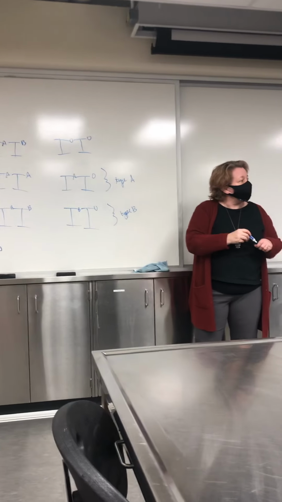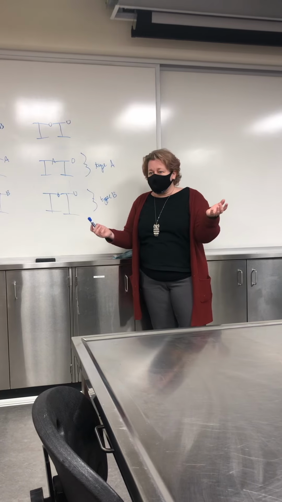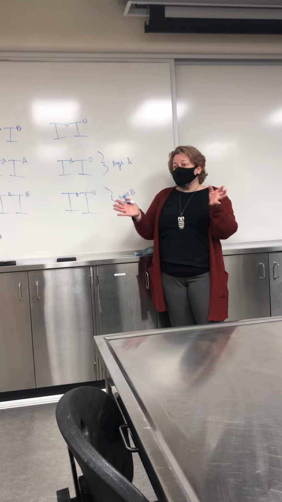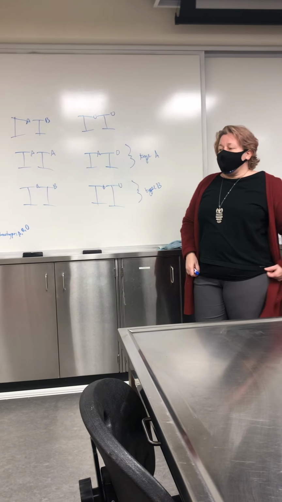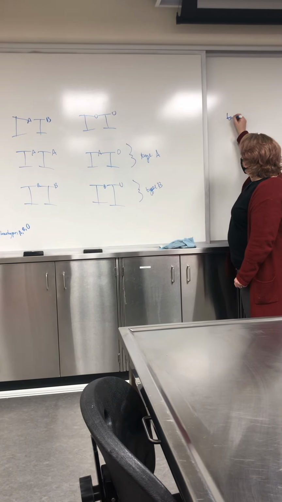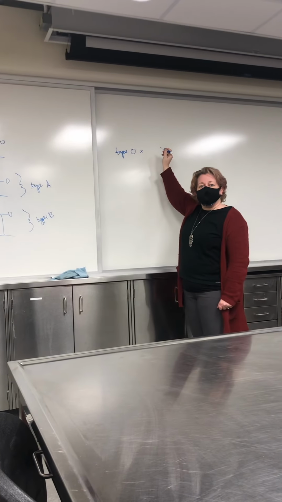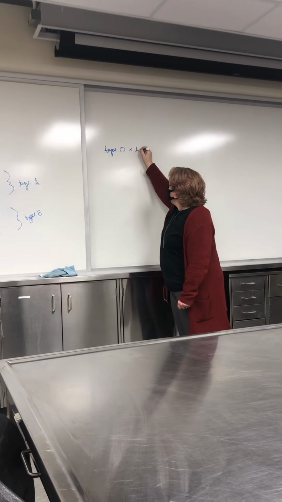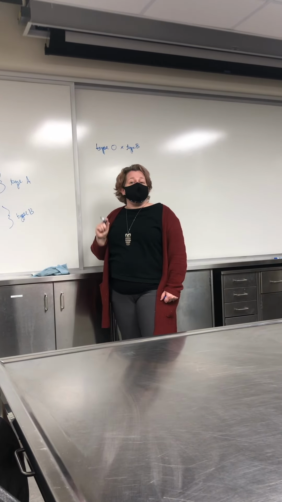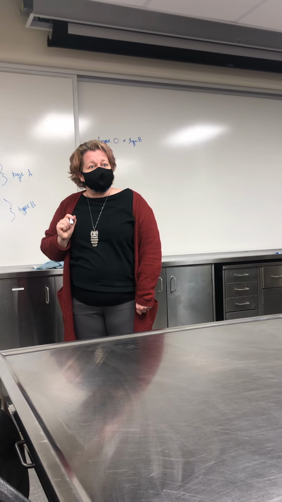Everybody with me? So now we have to come up with some interesting crosses, and you determine the possible outcomes. I'm going to ask you to cross type O with type B. You're going to have to make 2 Punnett squares for this because there are 2 possible outcomes.